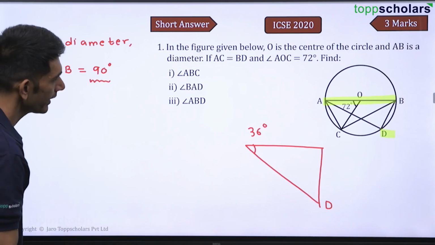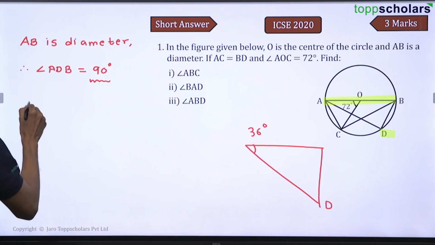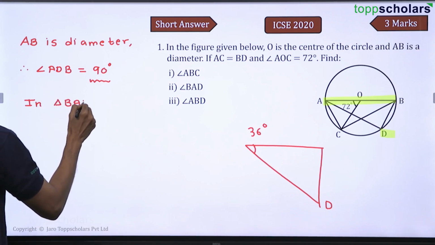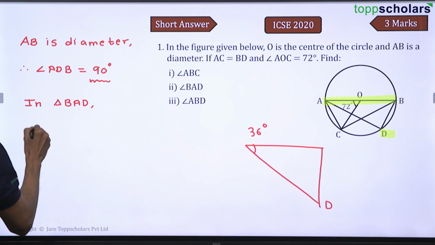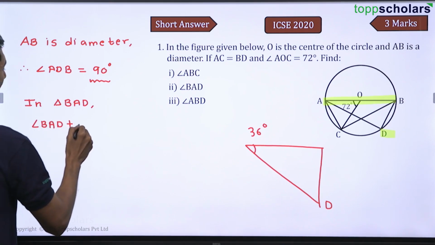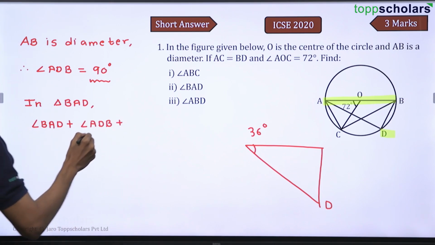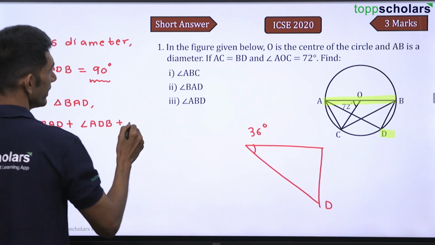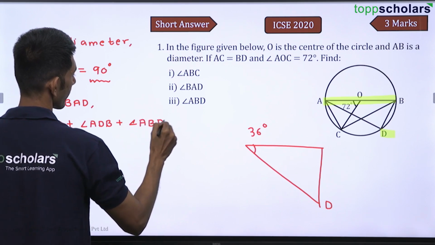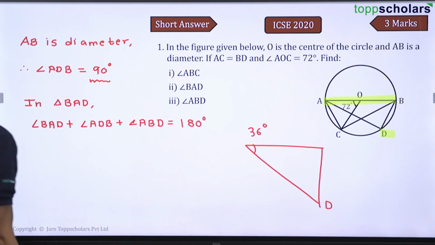Correct? Now if I take triangle BAD, can I say in triangle BAD, angle BAD plus angle ADB plus angle ABD, right, is equal to 180 degrees.